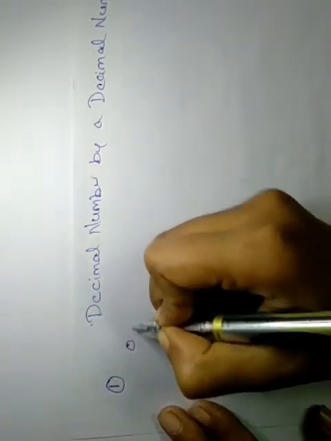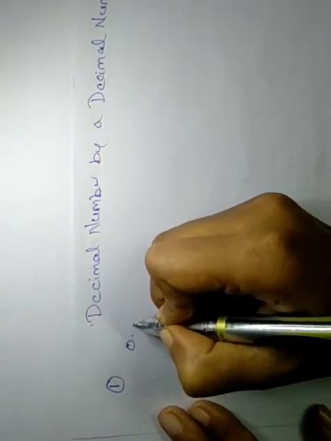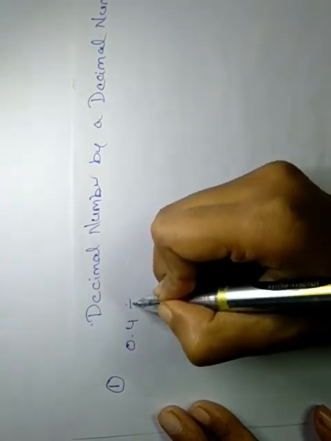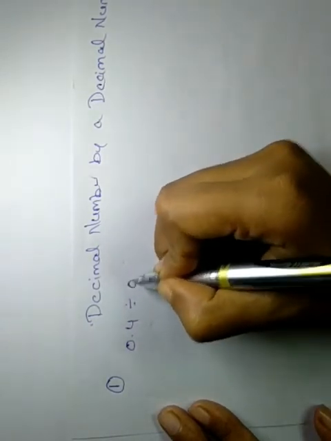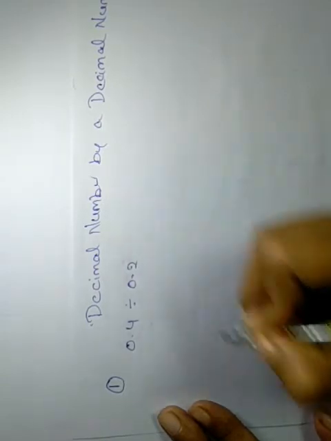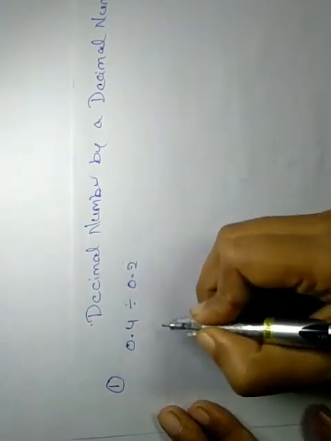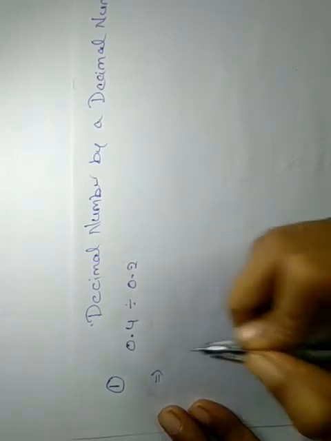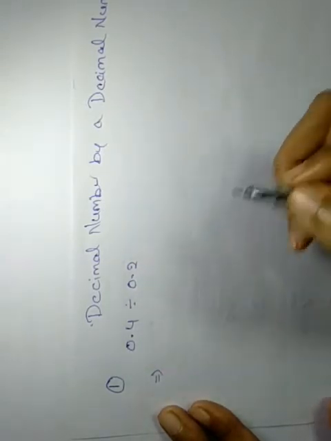So 0.4 we'll take, and we have to divide this 0.4 by 0.2. You all know that the very first step is again ignoring the decimal point of both the decimal numbers separately.